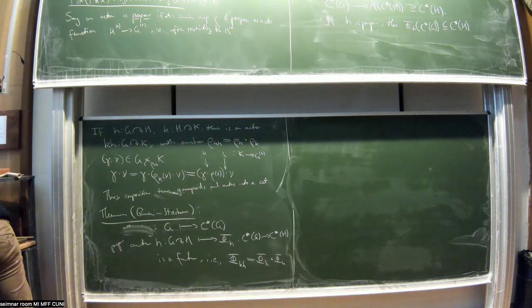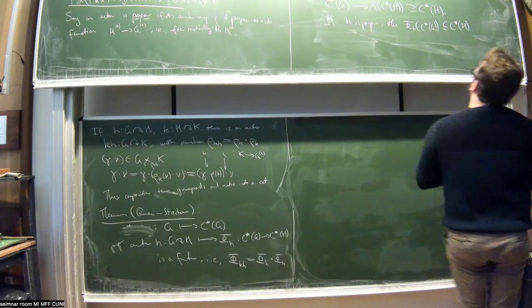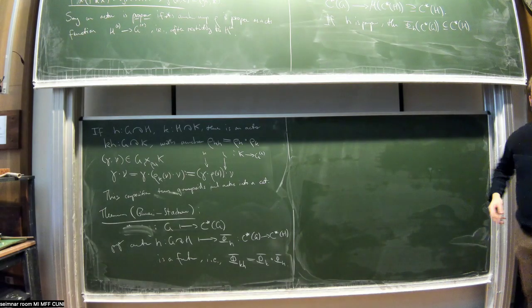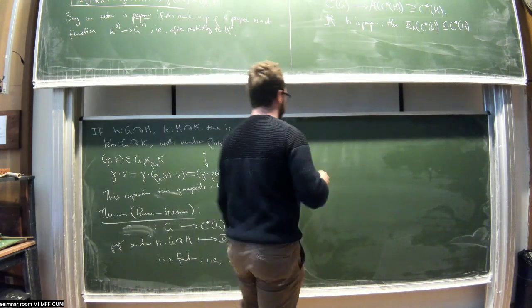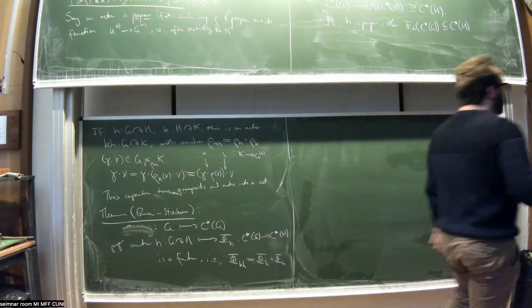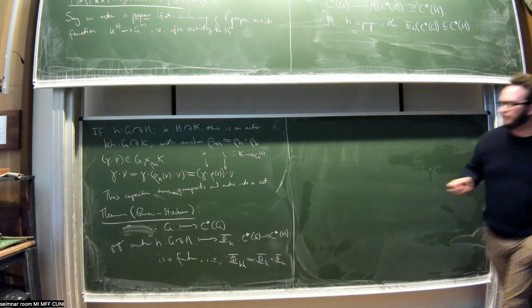So, still got this nitpicky problem of having the full groupoid C-star algebras around here instead of the reduced. And the question might be, well, how do I get to the reduced ones? Do I need a condition on the actors? Well, what I'm going to give you is not a necessary condition, but it is certainly sufficient.